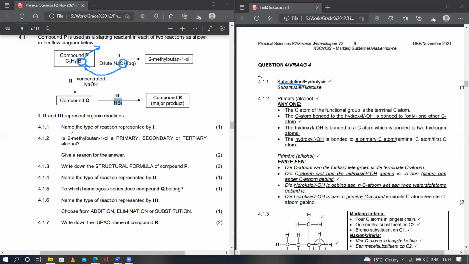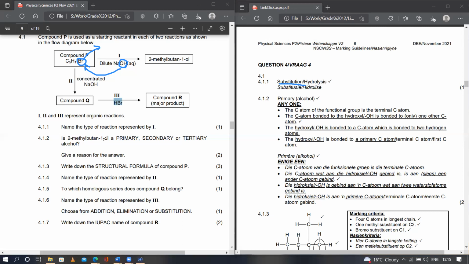So now they say, is 2-methyl-butan-1-ol a primary, secondary, or tertiary alcohol? So there's a way to find this.